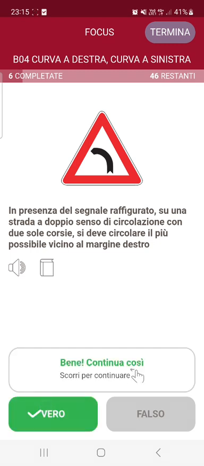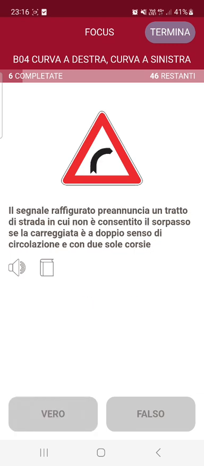He said, in the presence of this sign, on a double-way traffic road with only two driving lanes, you have to drive as much as possible near the right margin, which means at the right side. Okay, and that is true. Verissimo.